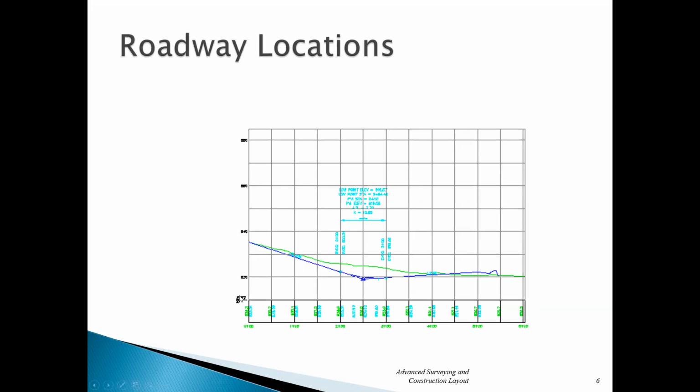And down here, we have elevations that are correlating to the station. So for instance, at station 1, the green number is the existing ground elevation, and the cyan number is the proposed elevation. So we get a lot more information on this than we do on a sewer. And again, we'll take a look at a real profile here in a minute.